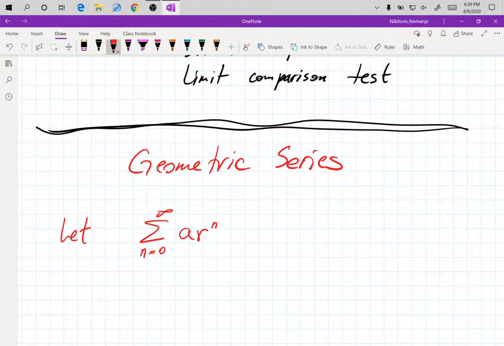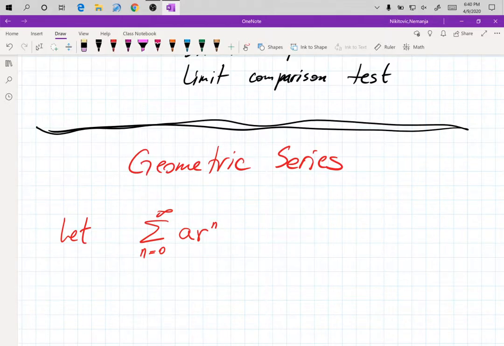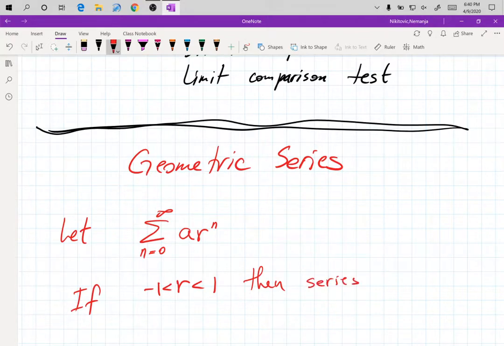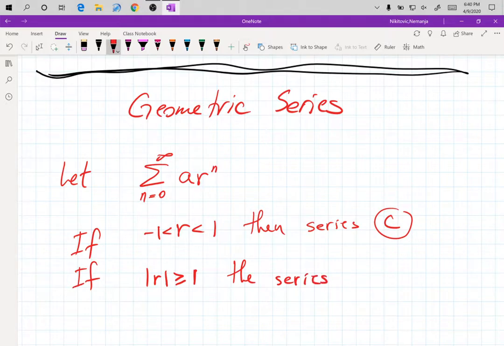For geometric series, you have the form of what they look like, and then we say the theorem. If r is in between -1 and 1, then the series converges. If absolute value of r is bigger or equal than 1, the series diverges.